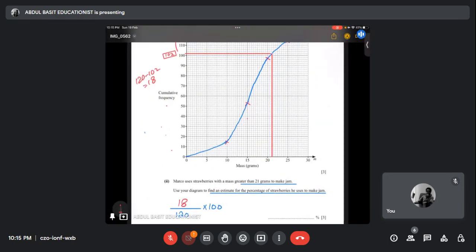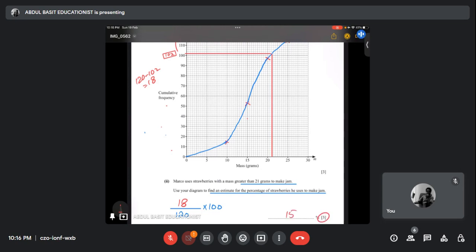So 18 out of 120 multiplied by 100 is what, beta? Can you please tell me what is the final answer? G, what's the answer? Ramsha, what is the answer? 15%? 15. Very good. So it's 15%.